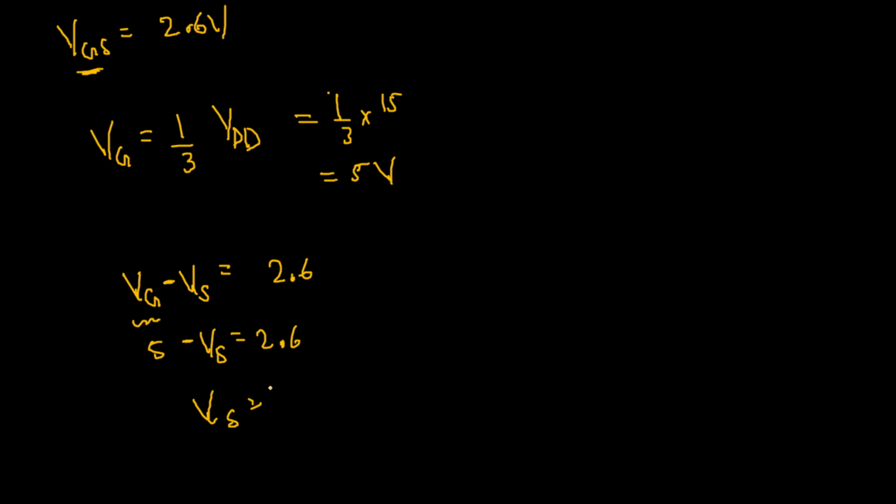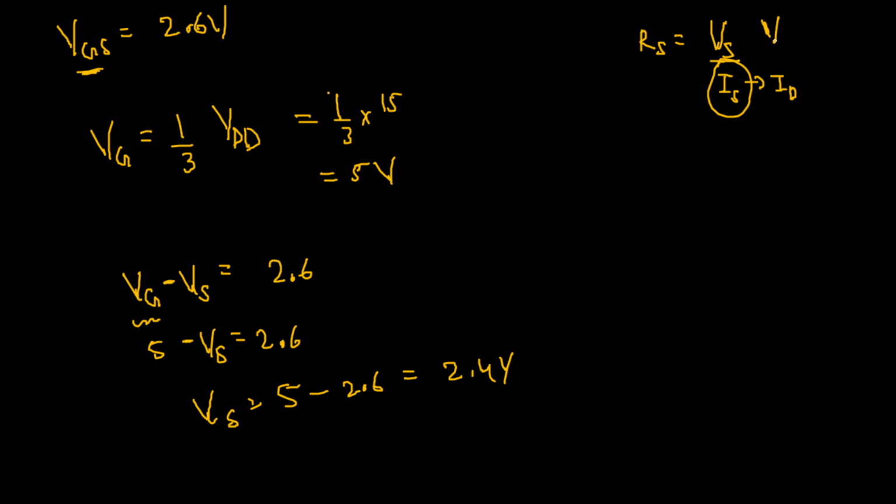So VS is given by 5 minus 2.6, which is 2.4 volt, right? So now we need to find RS. So RS is given as Vs by Is, and we know that Is is the same as Id, so we can write this as Vs divided by Id, which gives us 2.4 divided by 16 into 10 to the power minus 3. So this gives us 150 ohm.